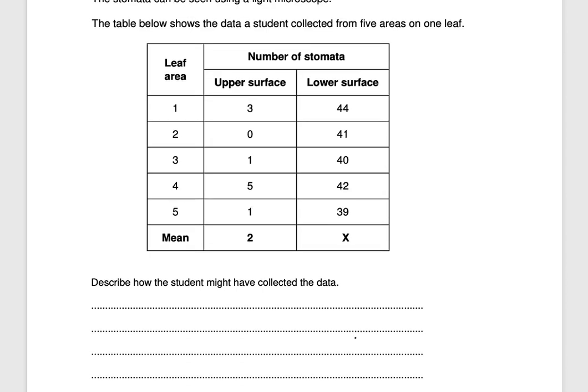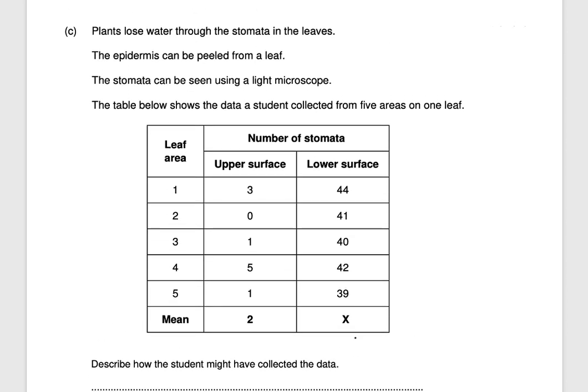So first of all, look at the method. The epidermis can be peeled from a leaf. The stomata can be seen using a light microscope. And the table below shows the data a student collected in 5 areas on one leaf. So let's imagine a leaf. He has used the microscope to look at 5 areas on the same leaf and written down his results.